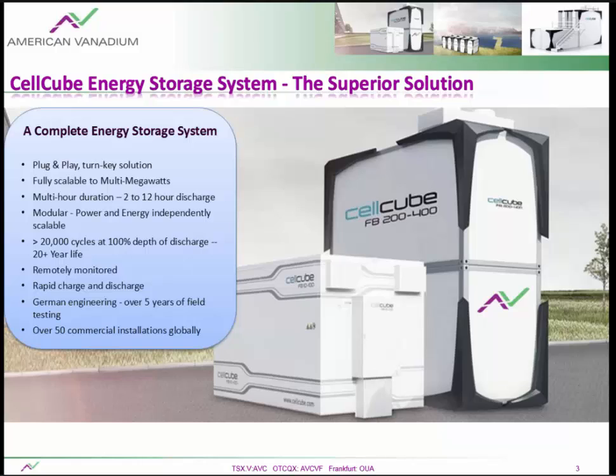And then these can be just plug and play, mix and match, taking us up to multi-megawatt systems. Discharge times are 2 to 12 hours. And just like most flow batteries, the big advantage is that energy and power are decoupled. In other words, we can independently scale the kilowatts and the kilowatt hours.